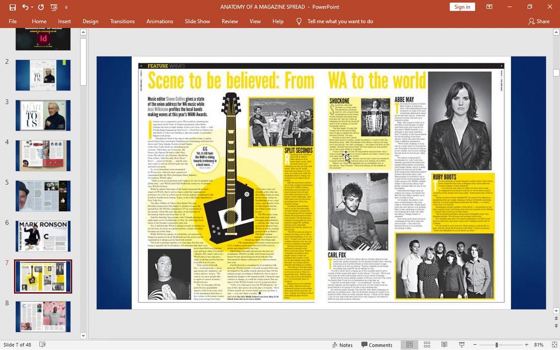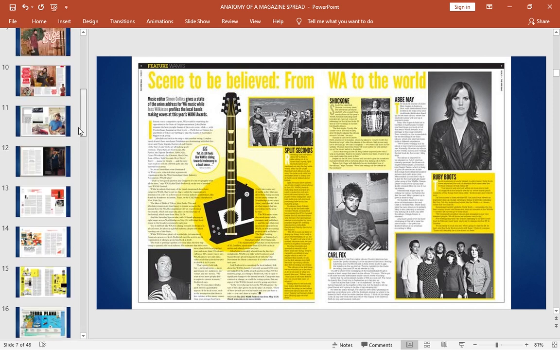We also have what we call the eye line. And what is the eye line? When a line runs across the entire spread, it is called the eye line. I want to show you an example.